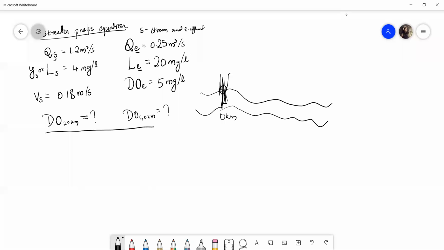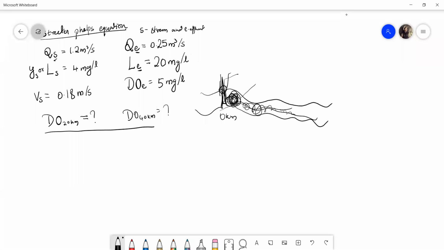Now what happens? As the downslope goes down, the dissolved oxygen at the initial stage will be very less, because the dissolved oxygen in the effluent also will be less. But as the time passes by, it gets purified a little bit. The reason why it gets diluted, right?